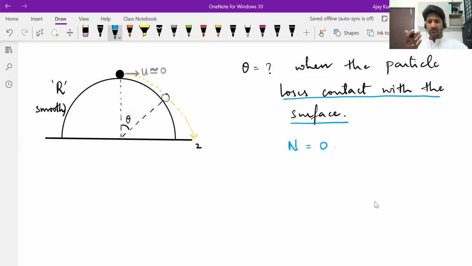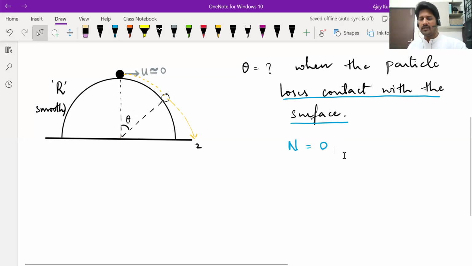So now the question changes to what is the theta, what is the angle at which normal force becomes 0? Now, what approach will you take to find out that angle? You want to find the angle where normal force becomes 0. So what can be done?